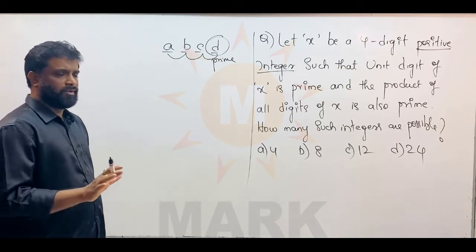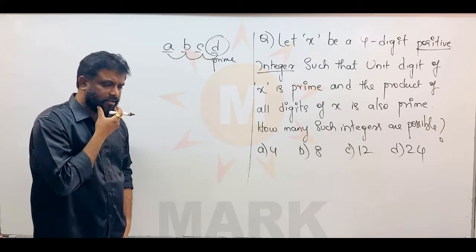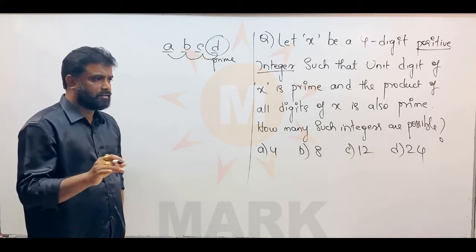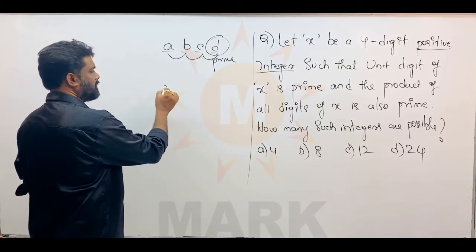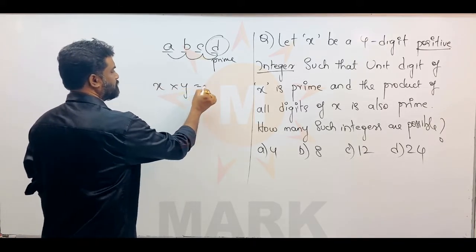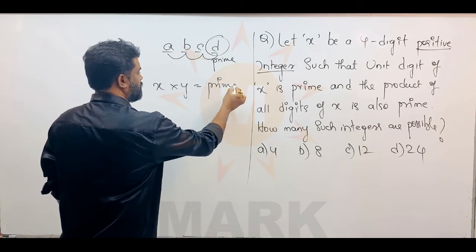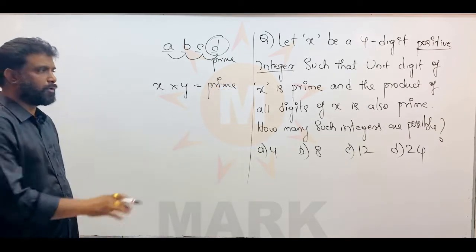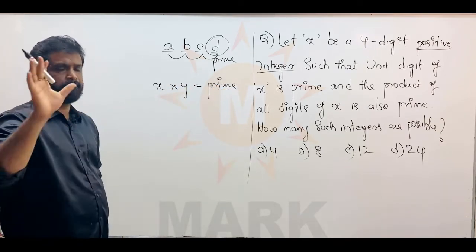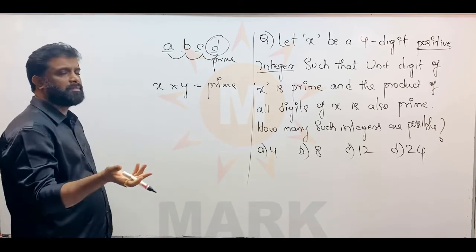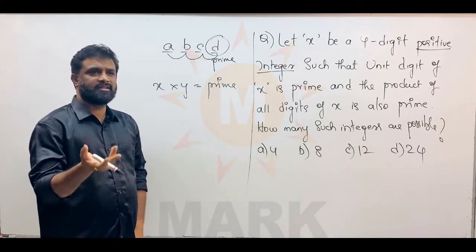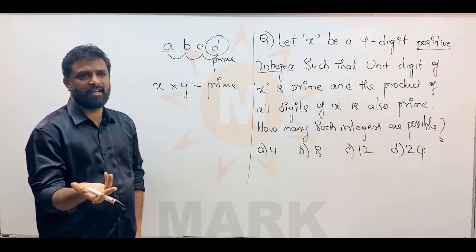Friends, before going for the solution of this question, the simple point is, if the product of two or more numbers, if somebody is saying x into y is equal to prime, the product of two numbers is prime. What is a prime number? A prime number is such a number which doesn't have any factors except one and itself.